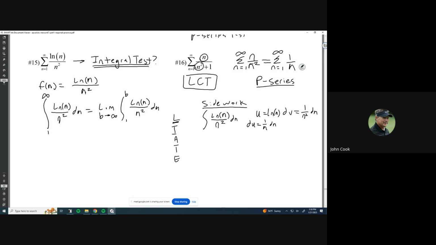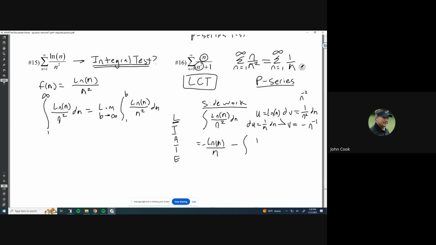And then dv, so if I take the antiderivative of 1 over n to the second power, in other words, n to the negative second, that'll give me, let's see here, if I add 1, that'd be a negative 1 power. And then if I divide by that, it's just going to be a negative there. Okay, so that means that this thing turns into u times v, so that's going to be natural log of n over n, and then a negative in front, and then minus the integral of v du, so these two together.